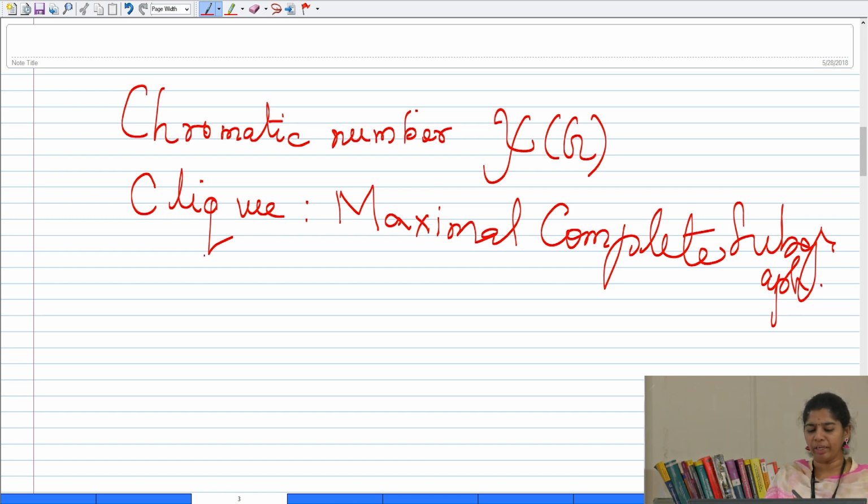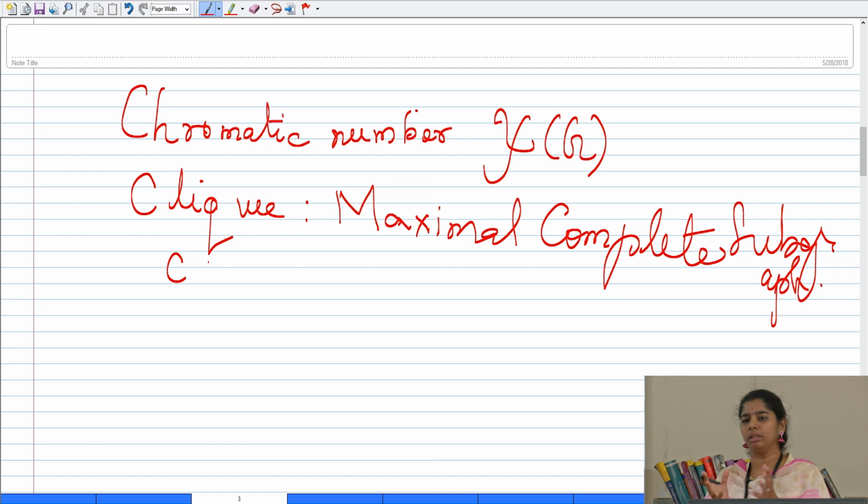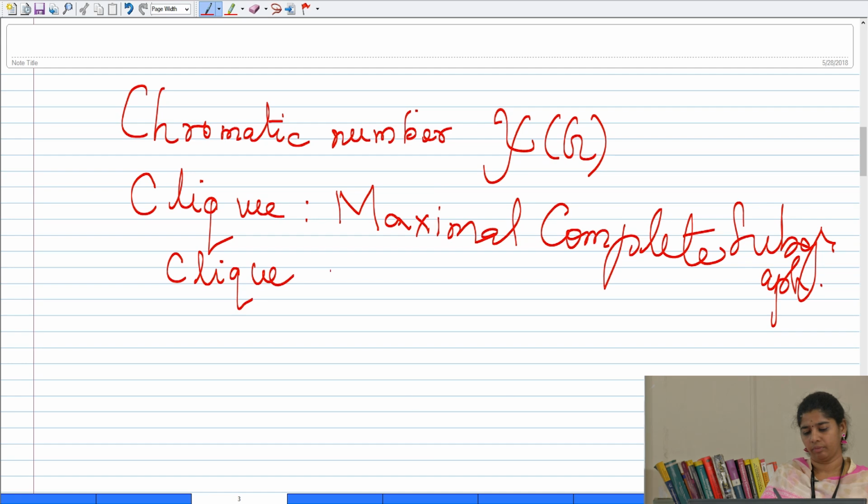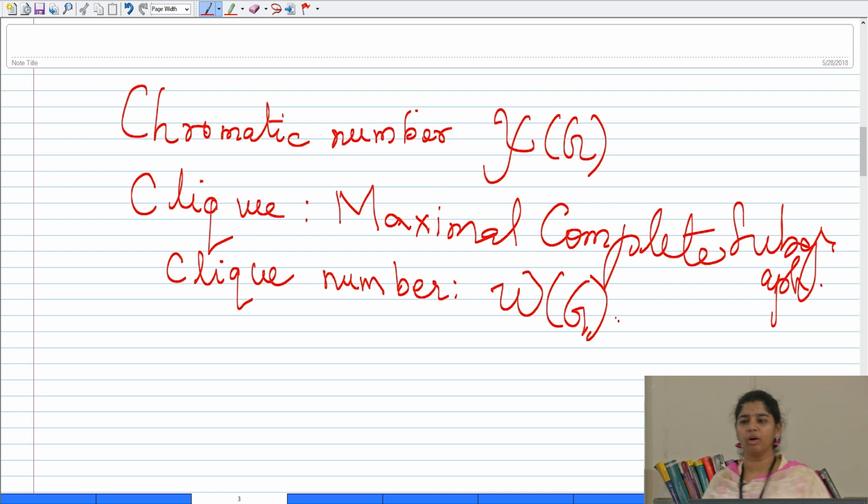And the corresponding number to this, if there is a clique sitting inside a graph, is called the clique number, which is the number of vertices of the subgraph, and we denote it by omega of G.